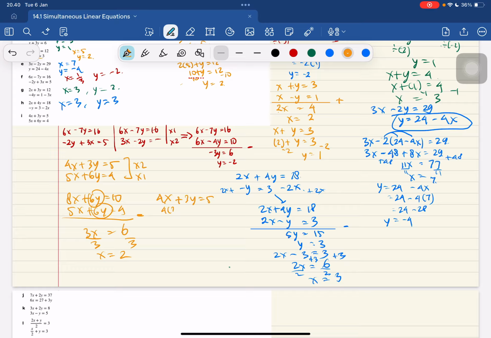So 4 times 2 plus 3y equal to 5. So 8 plus 3y equal to 5. So we minus 8 both of sides. So 3y equal to minus 3, divided by 3 both of sides. So y equal to minus 1. Here we got x equal to 2, and then y equal to minus 1.